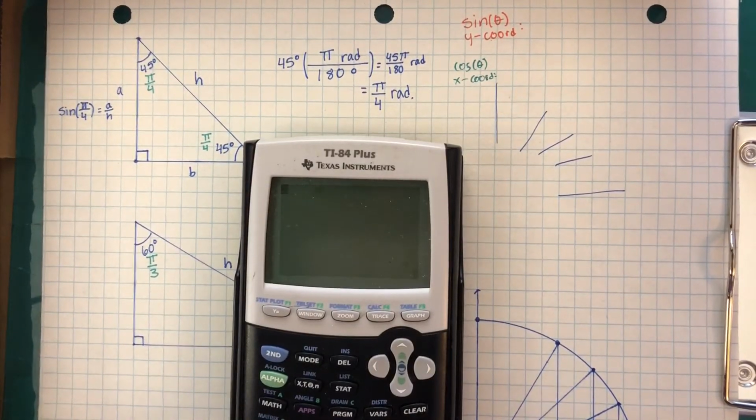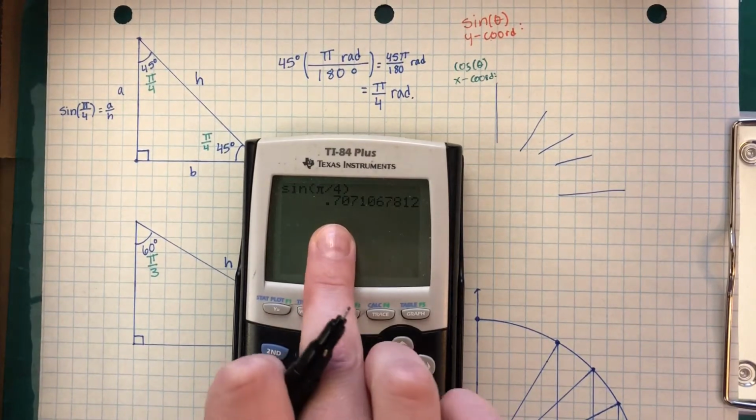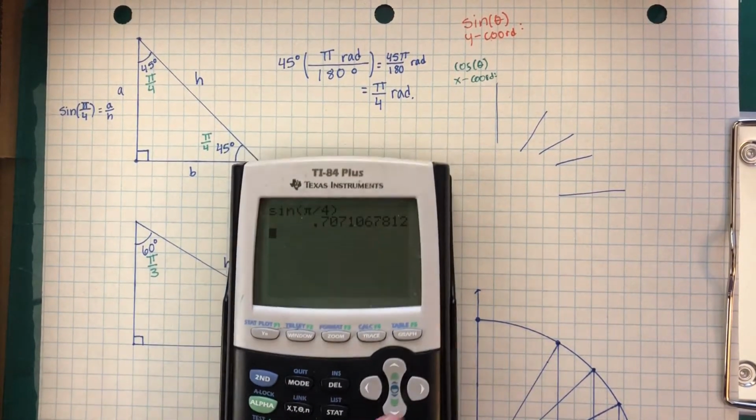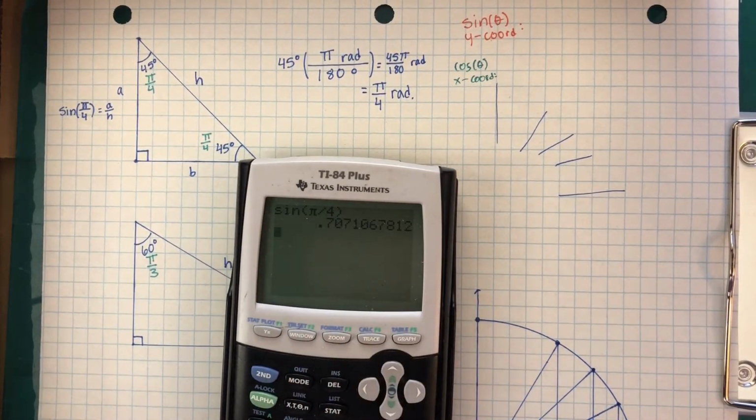And in my calculator, the sine of pi over 4 comes out to equal this, 0.707. It turns out that this number is an irrational number, but that this long decimal is not the only way to write it.